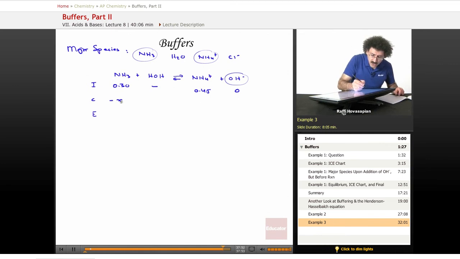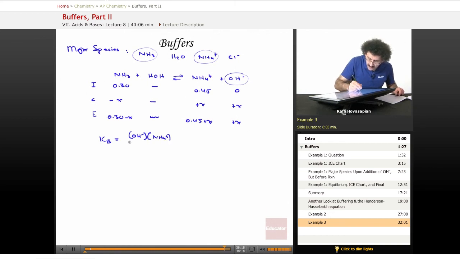And now again, the change. This is going to diminish. Water doesn't matter. This is going to show up. This is going to show up. We're going to have 0.30 minus x. This doesn't matter. This is going to be 0.45 plus x, and this is plus x. Well, we have Kb equal to the OH minus concentration times the NH4 plus concentration over the NH3 concentration.